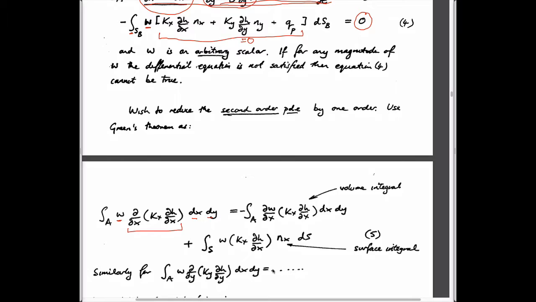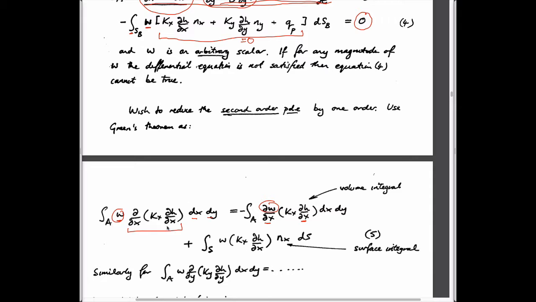Green's identity says that we end up with a portion which is defined in terms of this weighting function, which is now here. So it's a first order differential with respect to h and a first order differential with respect to w. So we've got rid of this dual second order derivative. And as a standard result, we also end up with this surface integral around the boundary as well. Don't worry about it any more than that.